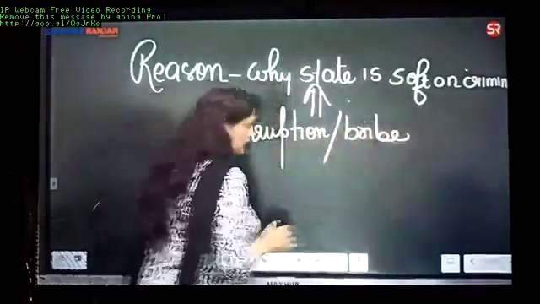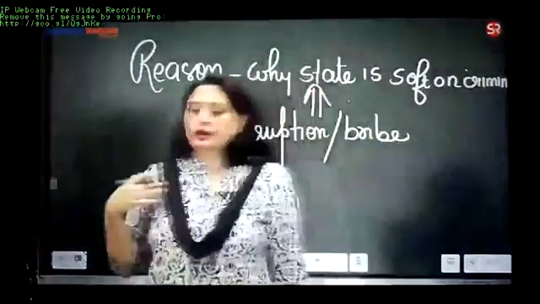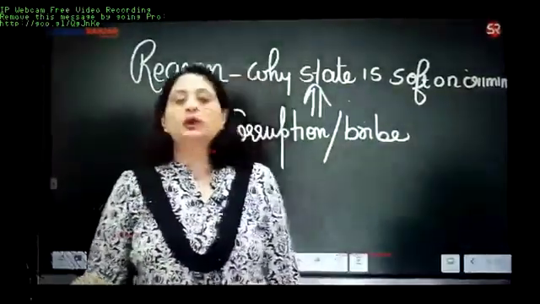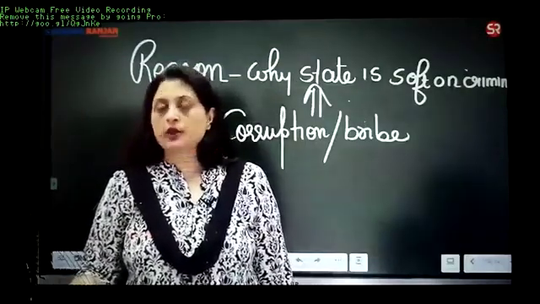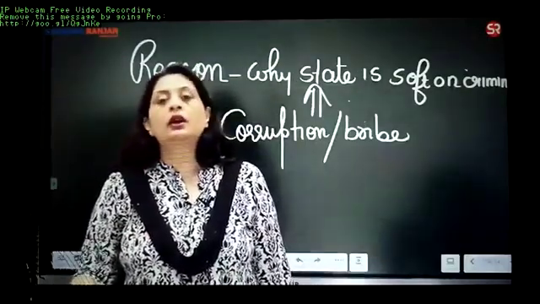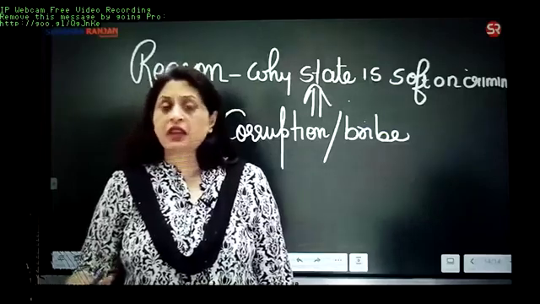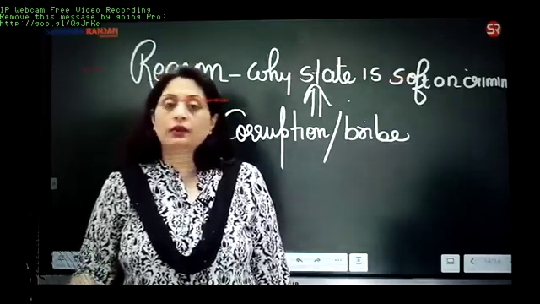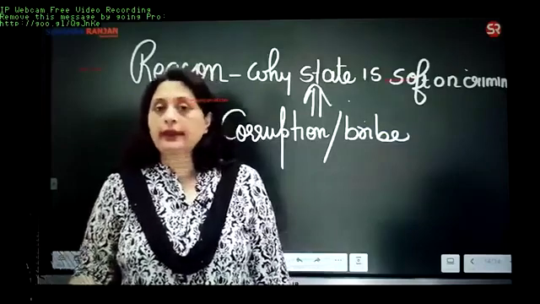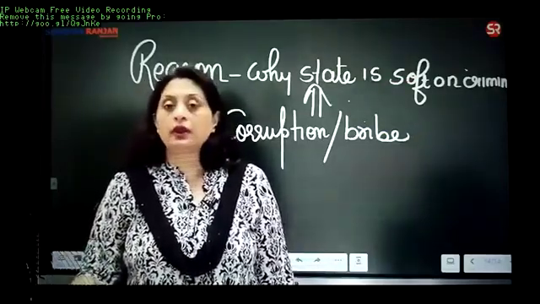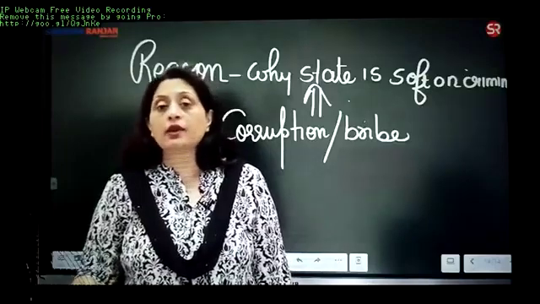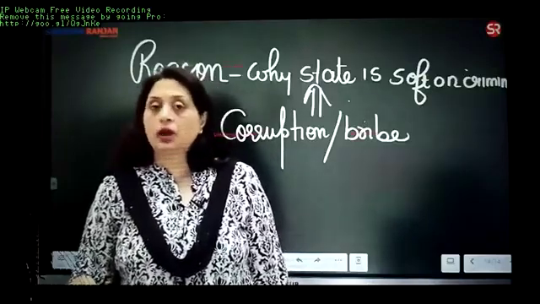Because in India, you can easily come out of the crime if you pay the bribe to the politicians, to the judiciary, to the bureaucrats. So you can easily come out clean. It's not that people don't know that you have committed a crime, but because you have power to bribe, you can come out of crime.